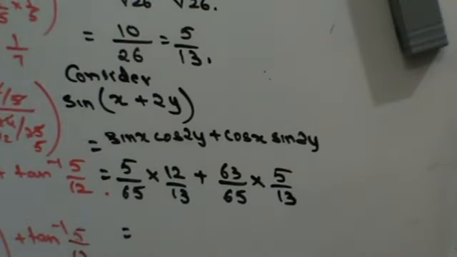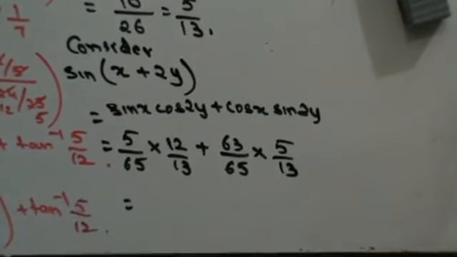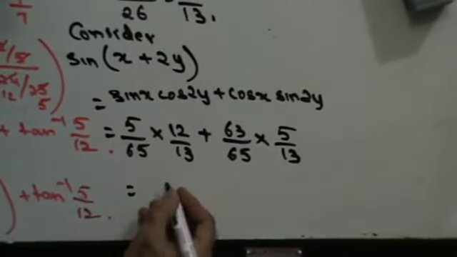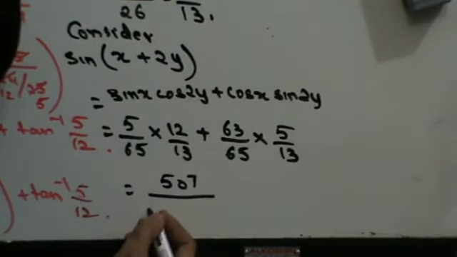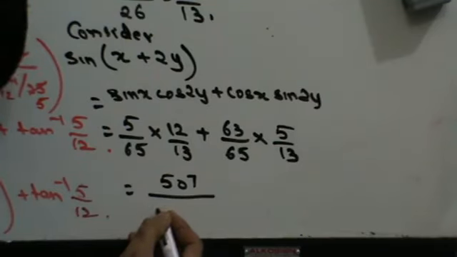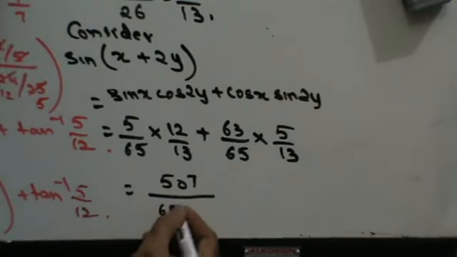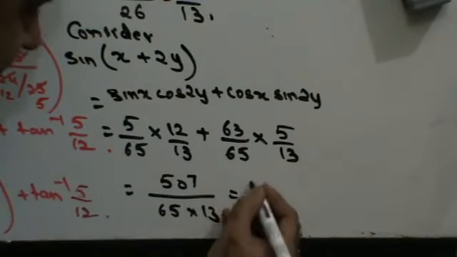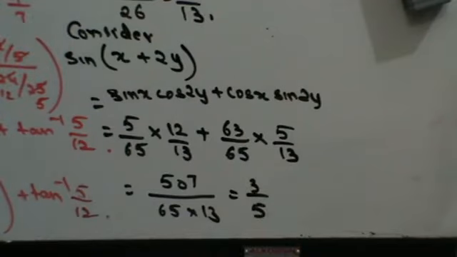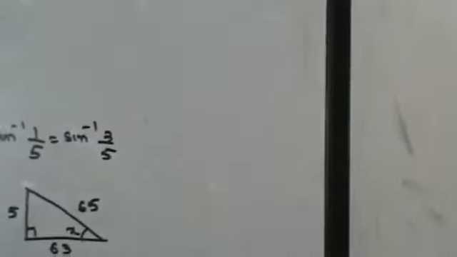Now when I simplify this, this is going to come out to 507 upon 507 into... taking 65 by 13 as common denominator. When you simplify this, this will come to 3 by 5. But 3 by 5, guys, if I look at my right angle triangle, I can say 3 by 5 is nothing but sine z.